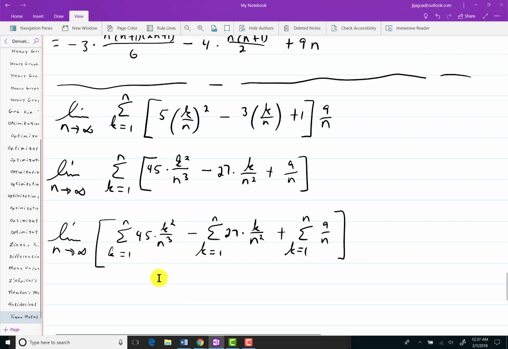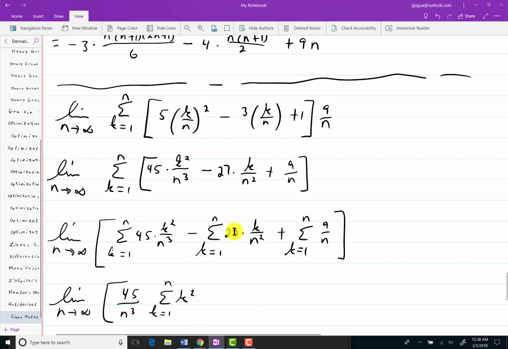So I can go a little bit further in how I broke things up. In the first one, I can factor out 45 over n cubed. And what I leave behind then, k equals 1 to n, will just be k squared. That's the only variable is k, so I only need to leave k behind.